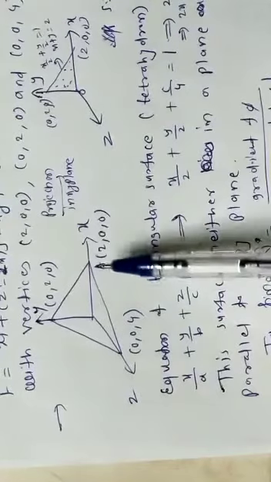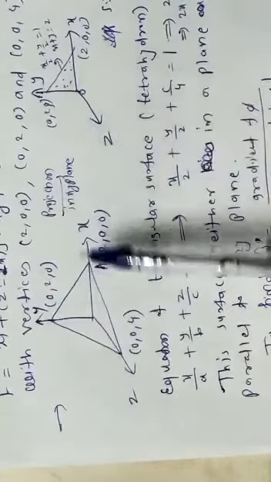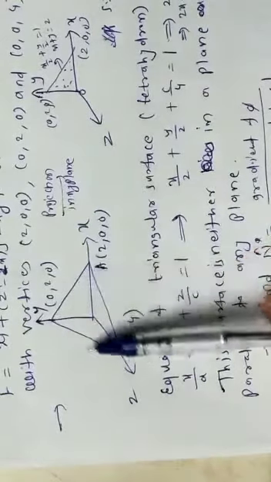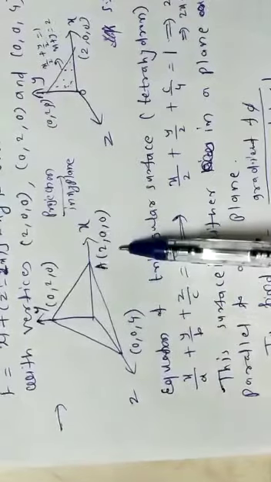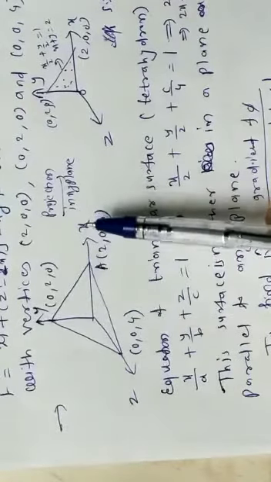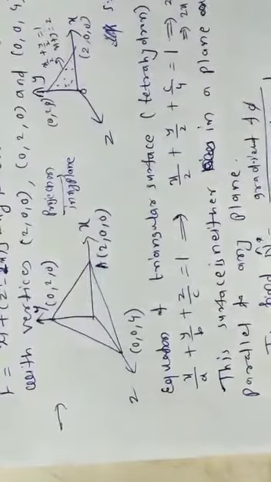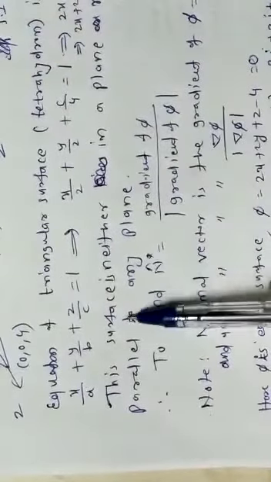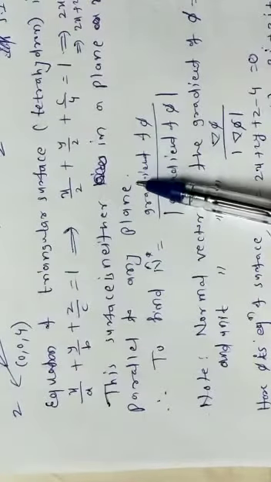You can say that this surface is neither in xy plane nor in zy plane nor in xz plane. It is not parallel to any plane. It is not lying in any plane. So where it falls? It falls under the third case. So what is the third case, students? This surface is neither in a plane nor parallel to any plane.